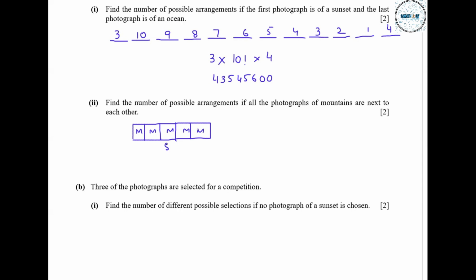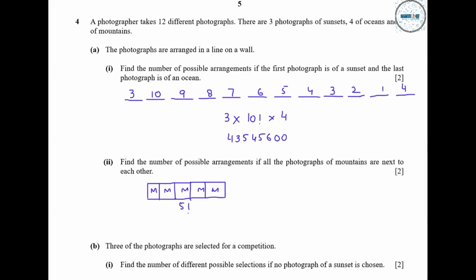These can be arranged in 5 factorial ways. And the remaining are 3 photographs of sunsets and 4 of ocean. So we have a total of 7 photographs remaining.